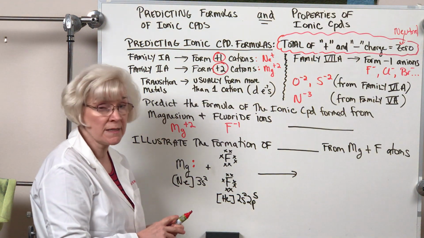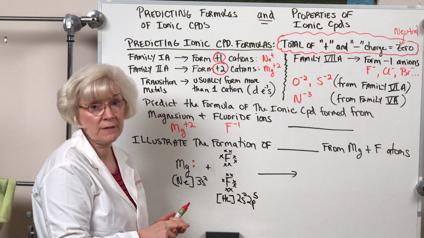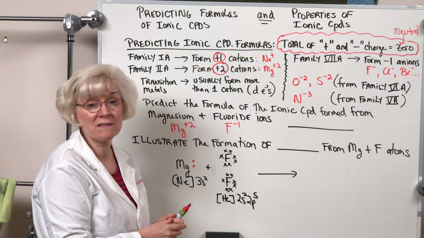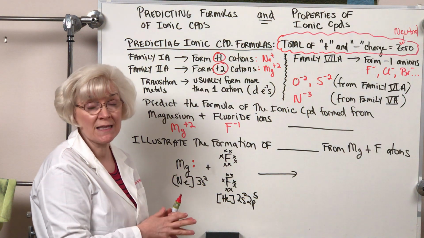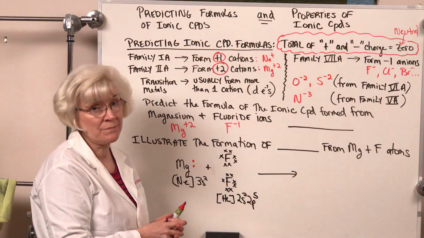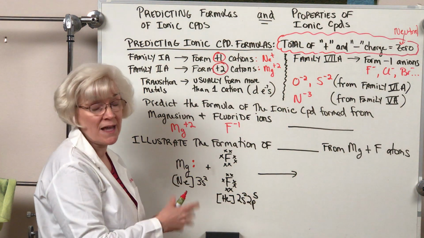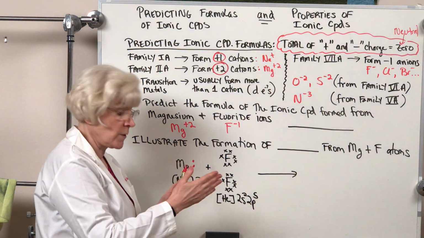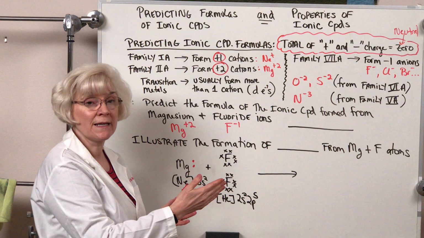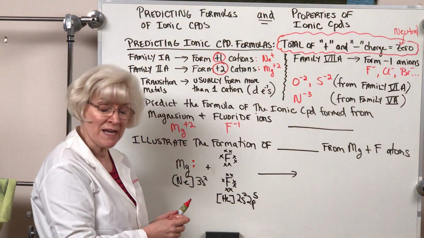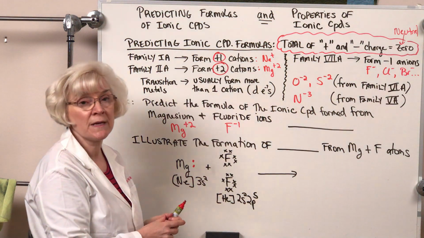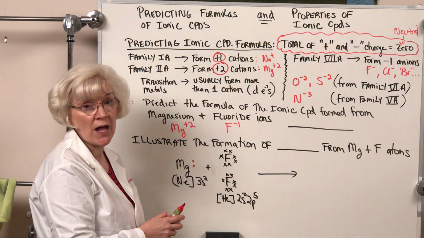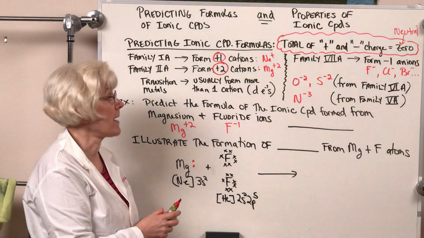And this is an excellent time to remind you about the table of ions that you're responsible for memorizing, found in the back of your lab manual. You should have that table of ions somewhere where you're looking at it regularly. You're going to have that information memorized in a fairly short amount of time, and it's good to get a head start on it and start memorizing now.